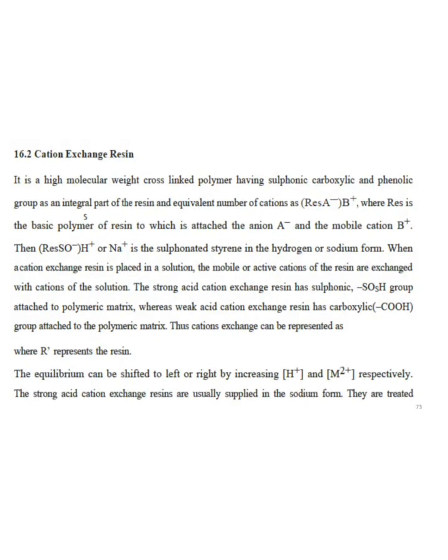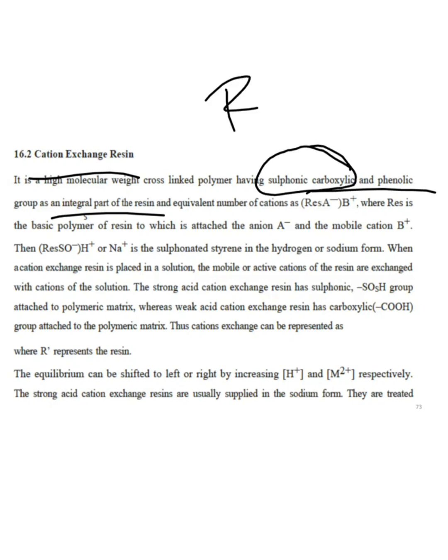In this topic, we are going to study the cation exchange resin. The cation exchange resin is a cross-linked polymer having sulfonic, carboxylic and phenyl groups in the internal part of the resin. The sulfonic group is nothing but RSO3.